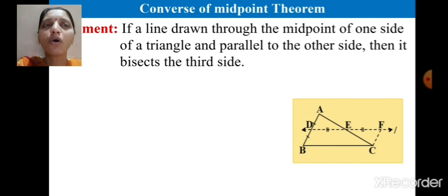Now this is the converse of midpoint theorem. The statement is, if a line is drawn through the midpoint of one side of a triangle and parallel to the other side, then it bisects the third side.